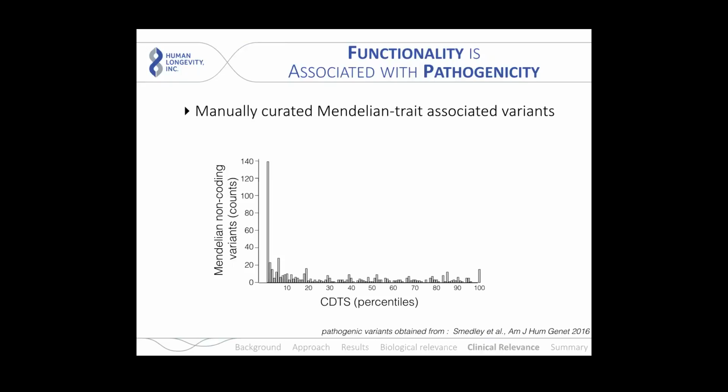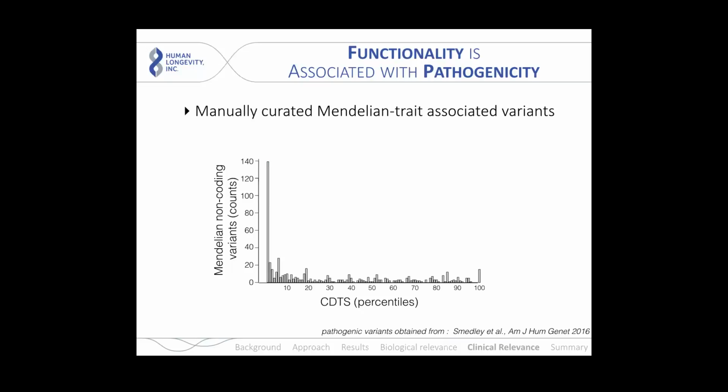So here we are looking only at non-coding variants. And it came from a recent publication as well. And again, we see the same pattern. There is a high enrichment for pathogenic variants in the first percentile of CDTS, so in the region with the lowest tolerance to variation.